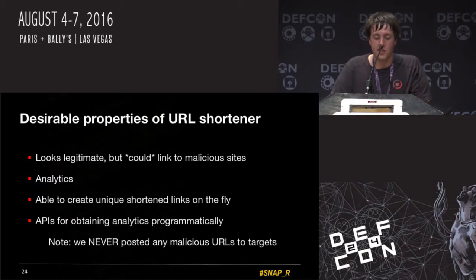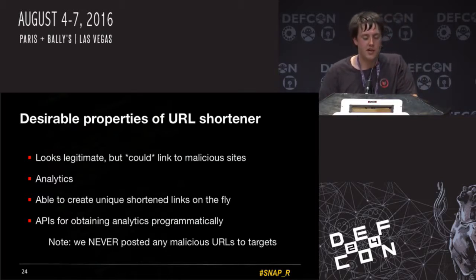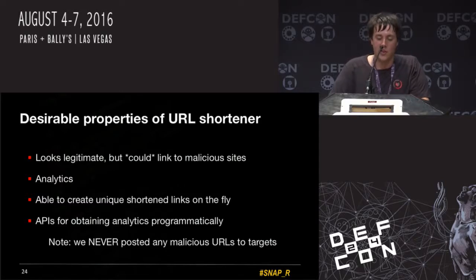Another cool thing is that you're able to create shortened links on the fly using their APIs. So you can say, here's this general payload, www.google.com, let's shorten it uniquely for each individual user and see which individual users actually click on the link.